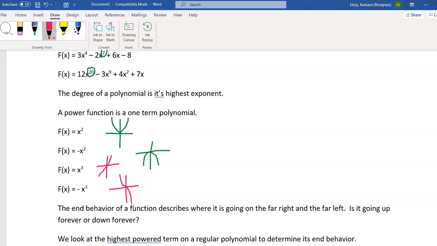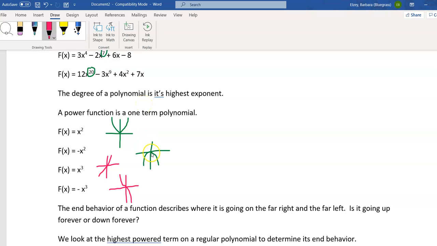The end behavior of a function describes where it's going on the far right and the far left. Let's notice, for example, that x squared on the far right, so if I go over here to the right, is going up forever. So as my x values go to infinity, my y values are also going up forever to infinity.